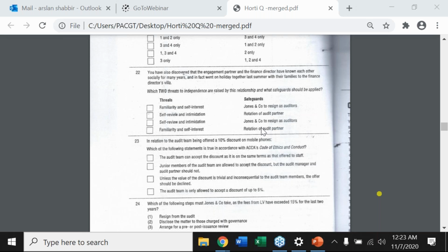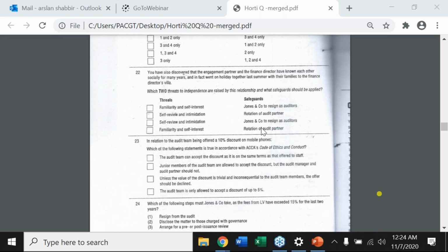If there is no option available to reduce the threat, then this is the last option you can apply: to resign from the client.